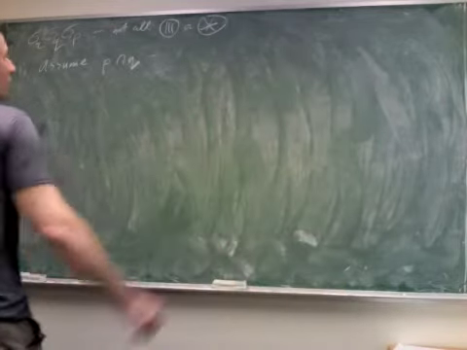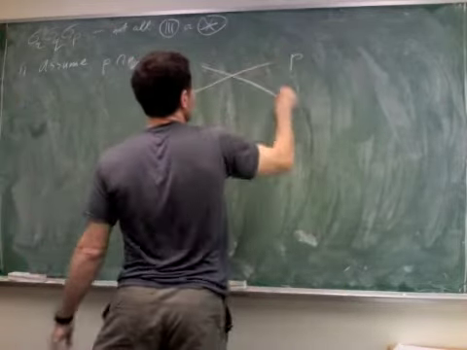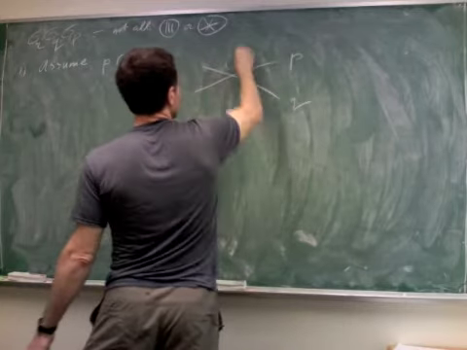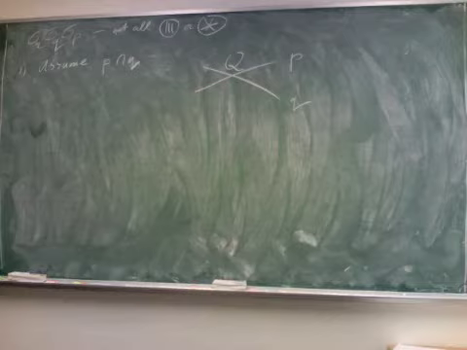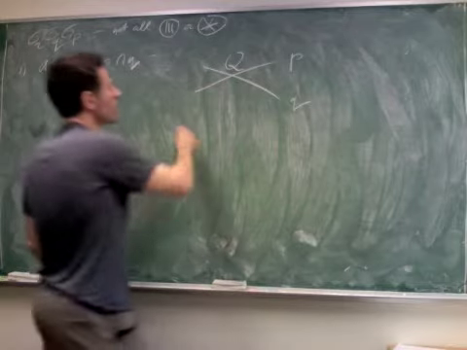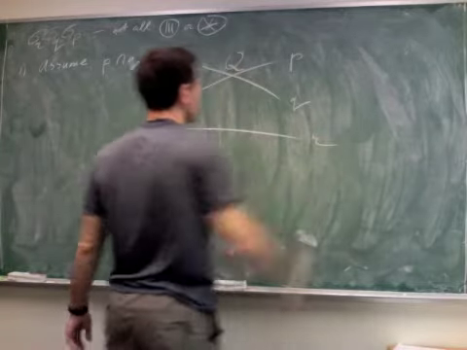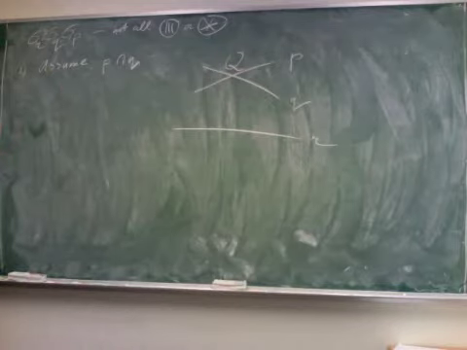Here's the picture. P, Q intersect in some point Q. Then we know for sure that the last line R cannot pass through the same point.